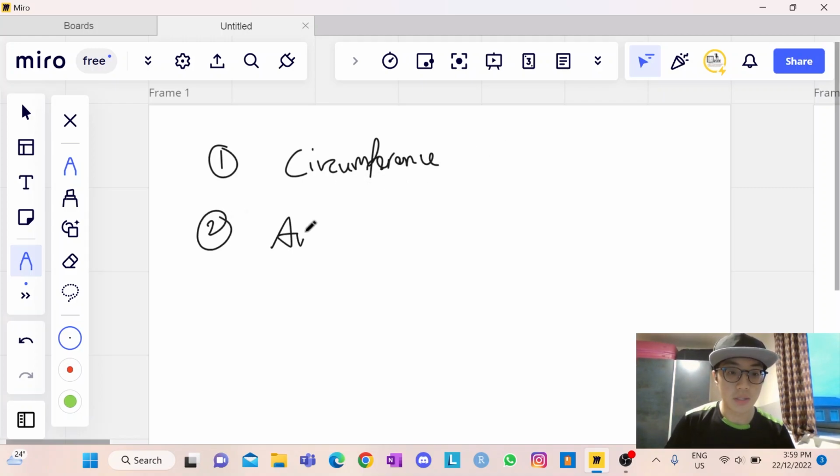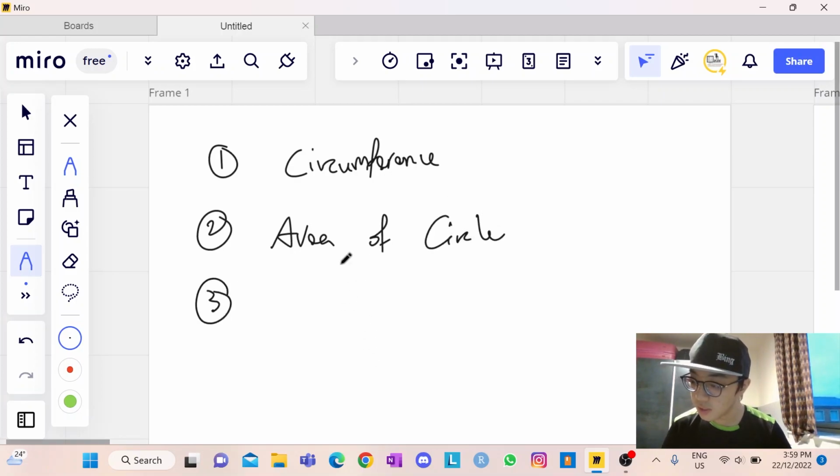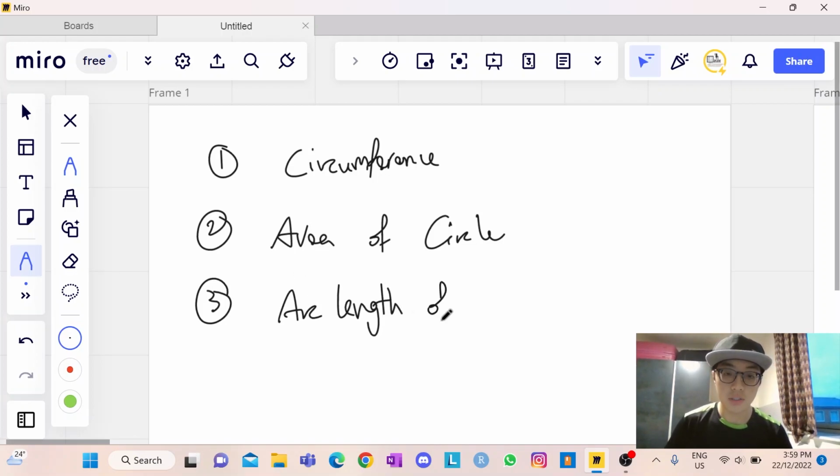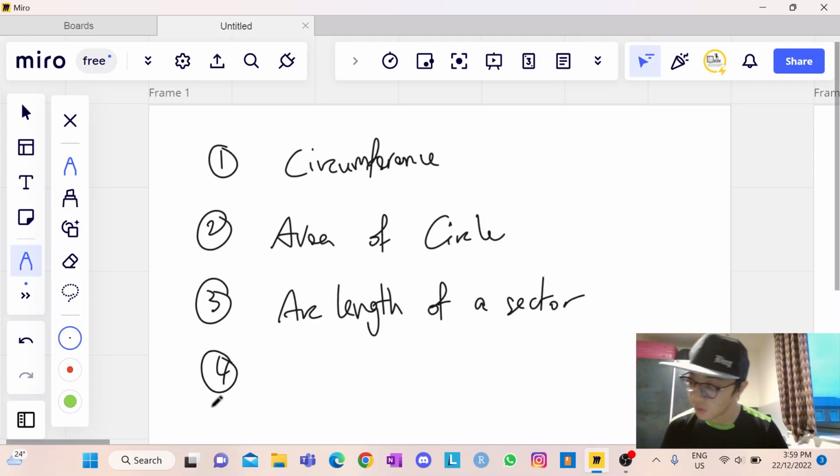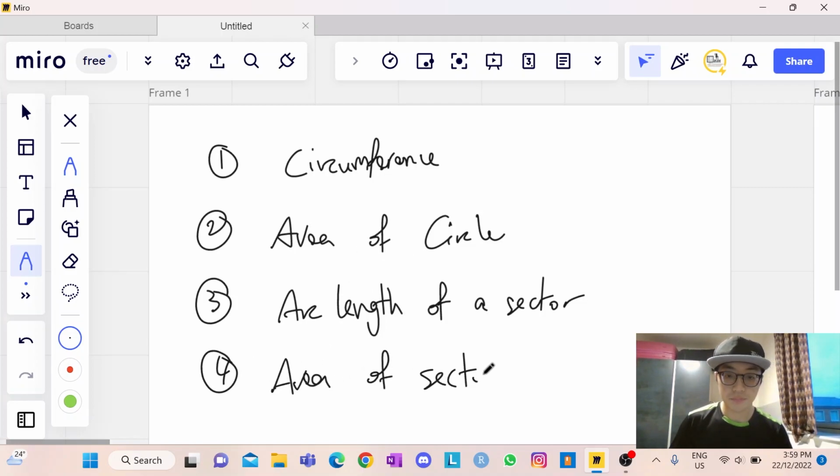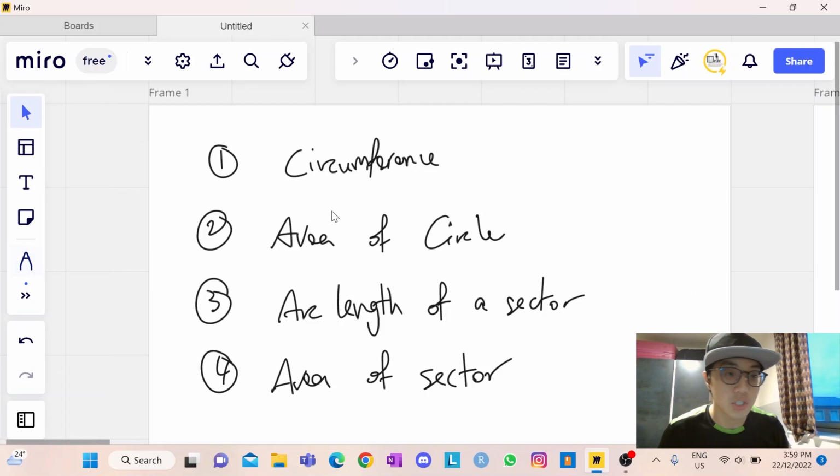Number two, the area of a circle. Number three, the arc length of a sector. And number four, the area of a sector. This is going to be a short video, I believe. So let's jump into our first agenda for today.